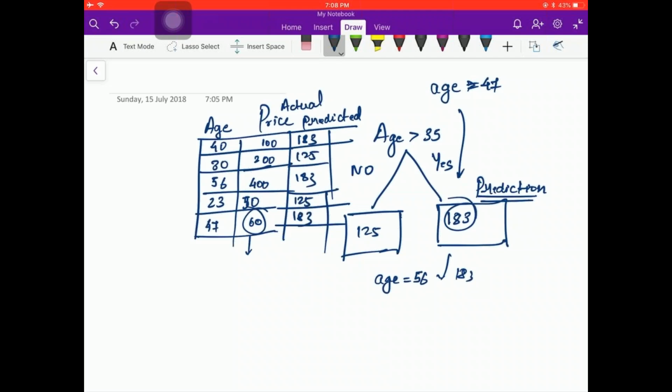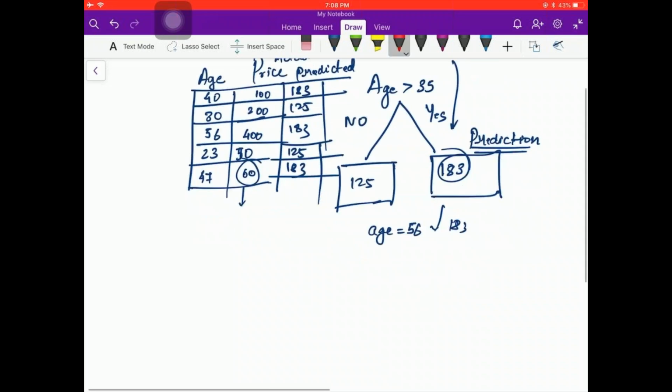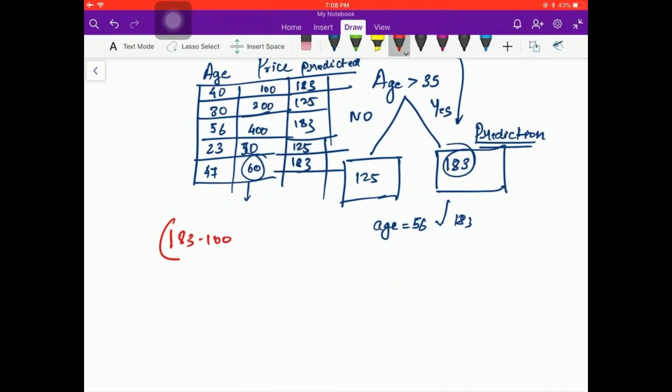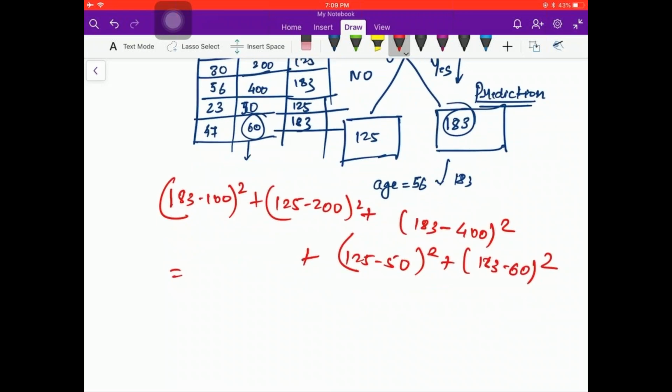So now your error will be 183 minus 100 whole square plus 125 minus 200 whole square plus 183 minus 400 whole square plus 125 minus 50 whole square plus 183 minus 60 whole square. This will be your total error or sum of squares. So that's how you deal with it.